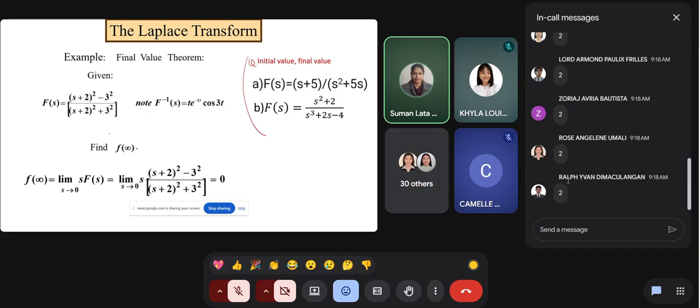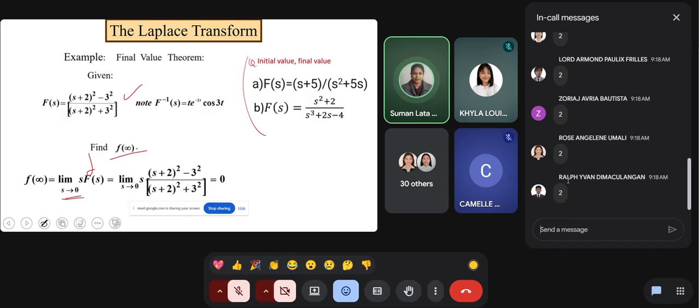This one is your function, and you have to find the final value for this. So s of F(s), put the value of F(s) here. Now, s tends to 0, sorry.